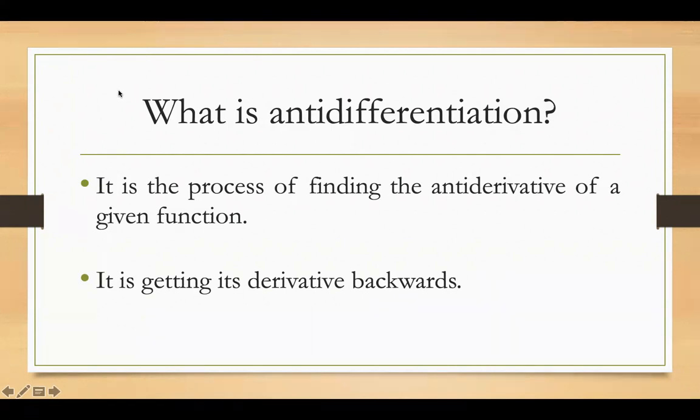So for example, you have a derivative function f of x. Your goal here is to solve for the original function. That's the concept of anti-differentiation, wherein we get the derivative, but this time backwards. So how do we do that?